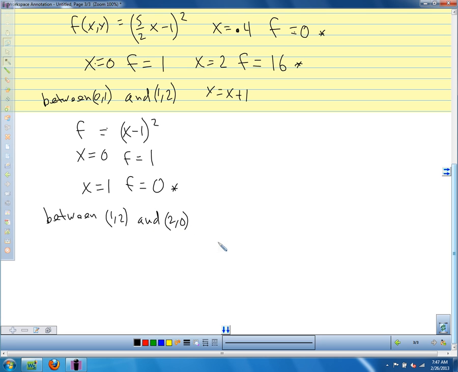We can find the equation for the line there. We get y equals minus 2x plus 4. So when I plug that in for y, f comes out to be (4x minus 4) squared.